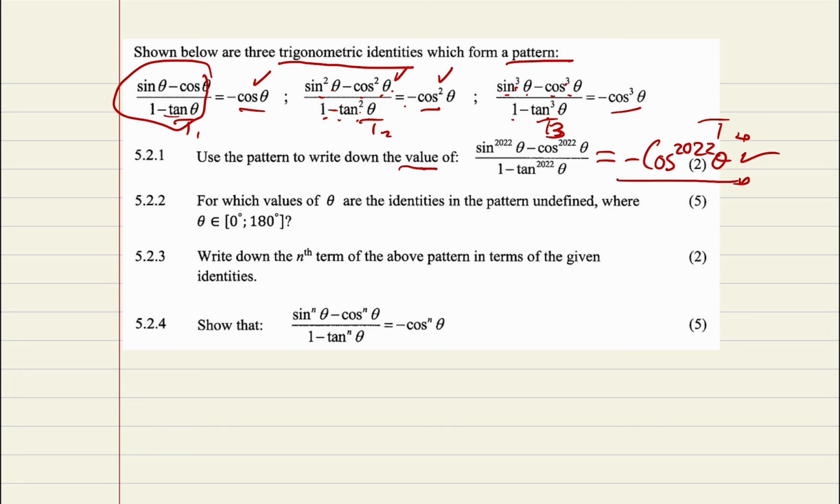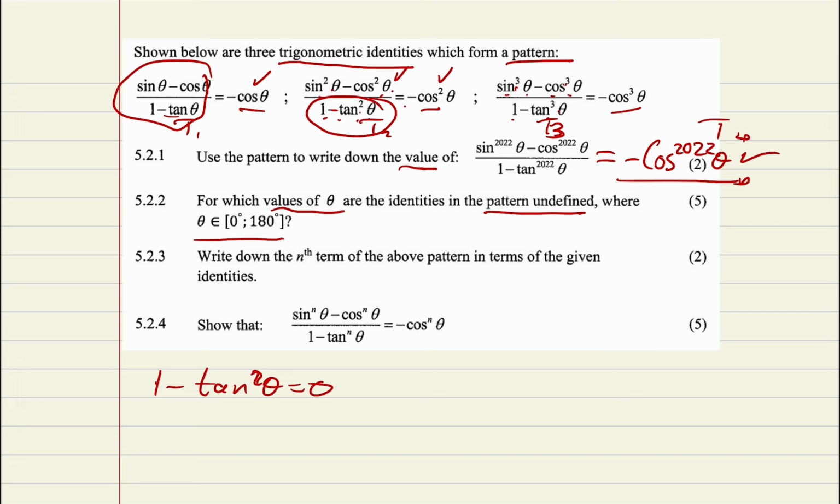Number 2, they said for which values of theta is the identity of the pattern undefined, where theta lies here. Okay, so I'm going to take this one randomly. I'm going to say 1 minus tan squared theta is equal to 0, because every time when they speak about undefined, I take the denominator and equate it to 0.